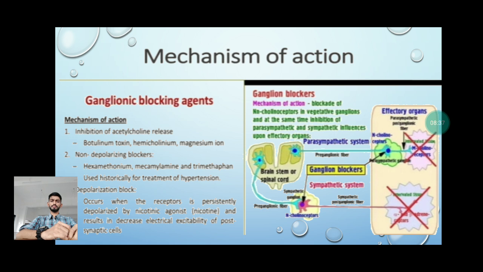Depolarizing blockade occurs when the receptor is persistently depolarized by a nicotinic agonist and results in decreased electrical excitability of the postsynaptic cell. In this picture we see ganglion blockers acting on the NM cholinergic receptor, which blocks the transmission to the postganglionic cell.